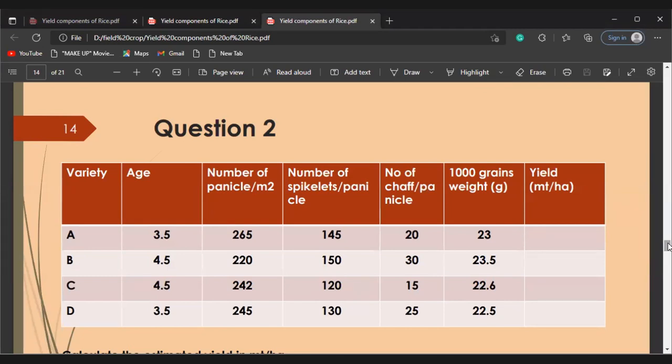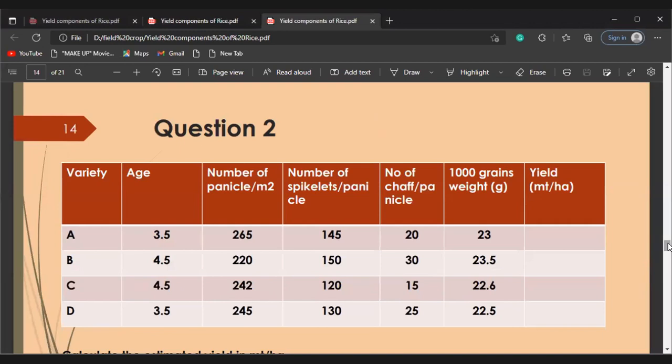So there are 4 varieties. We displayed the number of panicles, number of spikelets, and number of chaffy ones. Number of chaffy ones per panicle, and 1000 grain weight. So can you calculate the yield? It is easy. There's one parameter, number of panicles per meter square.